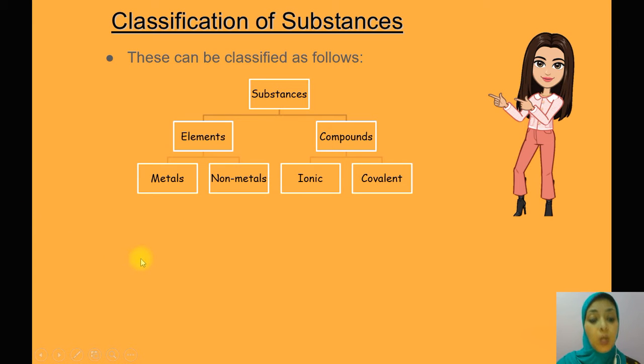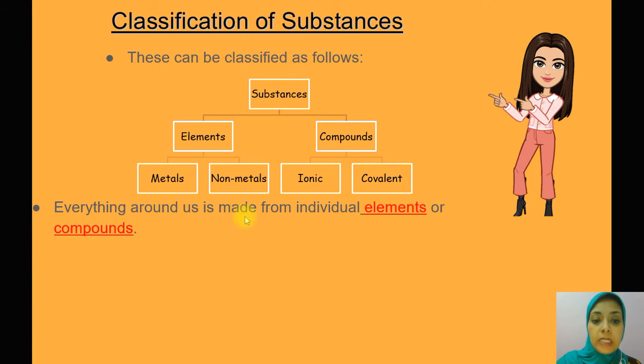That will depend on the configuration, of course, the atomic number and the configuration and the properties of the metal and non-metal. So the elements are the simplest pure form that cannot be decomposed into another kind of element, like the metals or the non-metals. Okay.